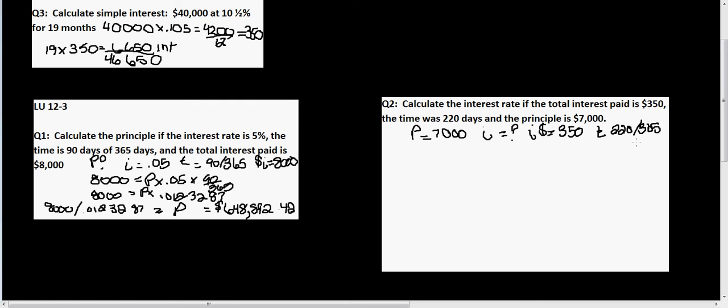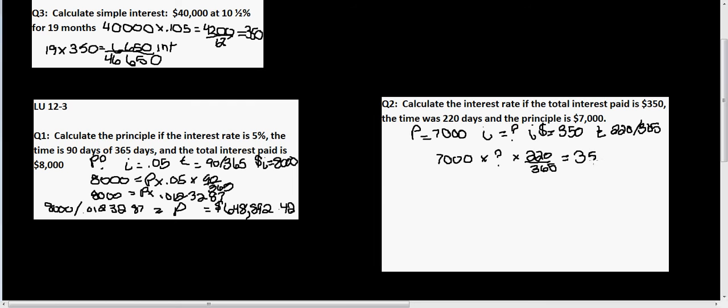Okay, let's pop this into a formula again then. We know that if we take $7,000 and we multiply that times some interest rate, big question mark on that, and we multiply that times the number of days we've held the loan, 220 of 365, then we are going to get an interest payment of $350.